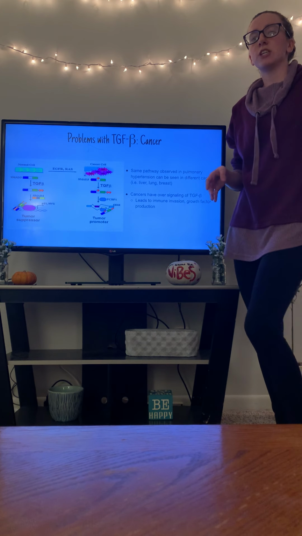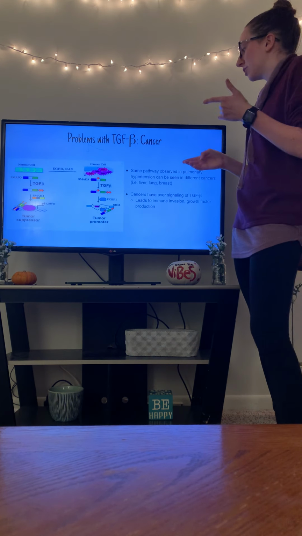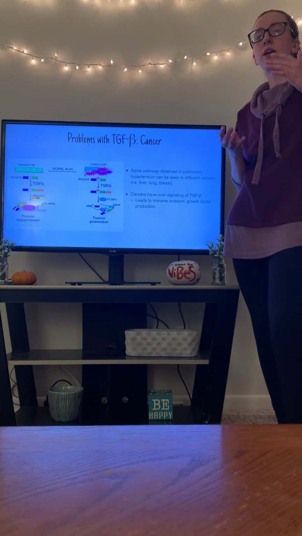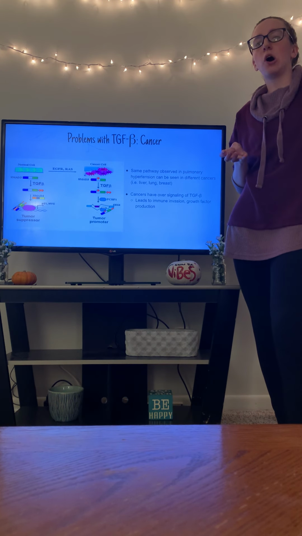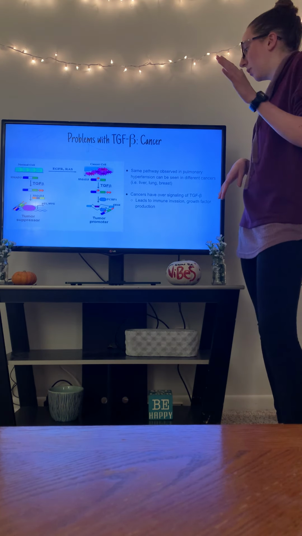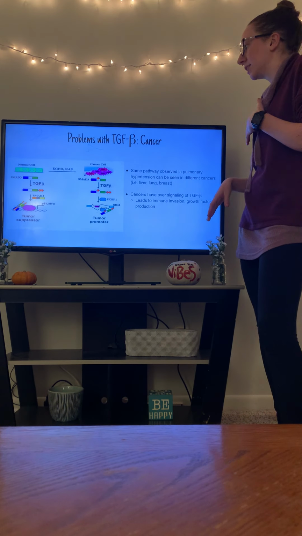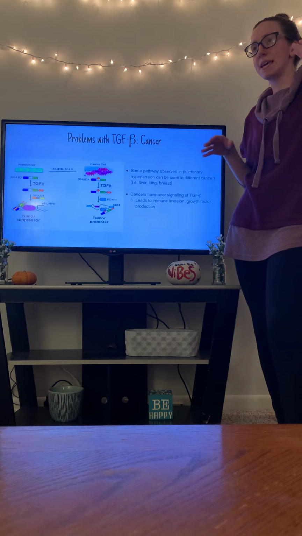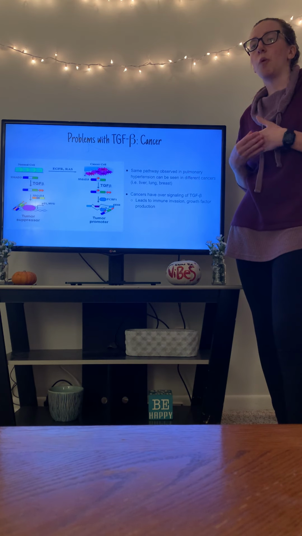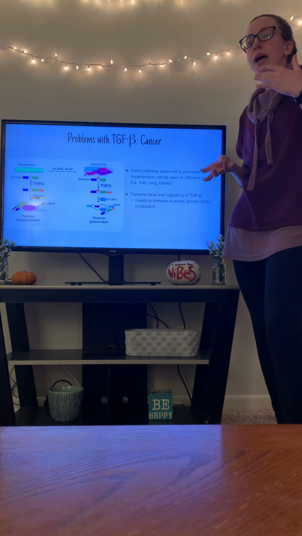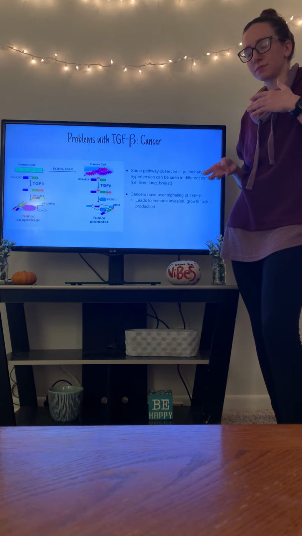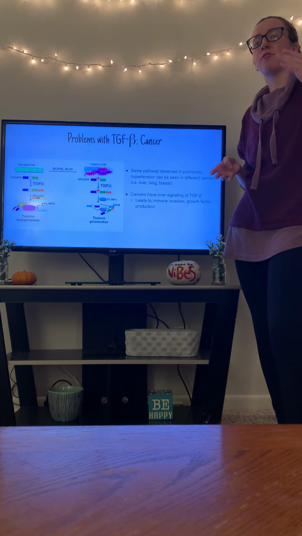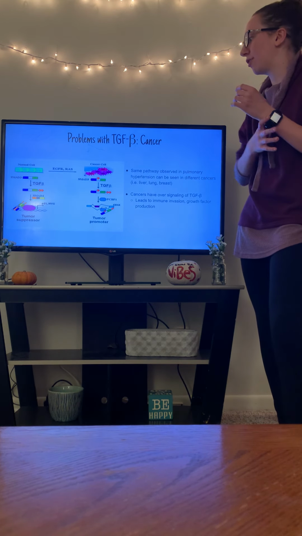Another problem associated with TGF-beta is with cancer, and a lot of cancers can be caused from the same pathway. Like I said, again, you have a blocking in that BMPR2, which ultimately leads to an increase in the phosphorylation of the SMAD from the TGF-beta.